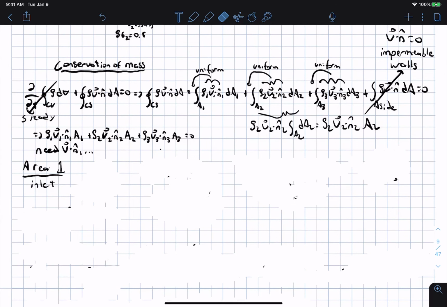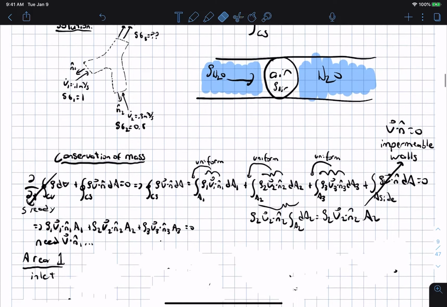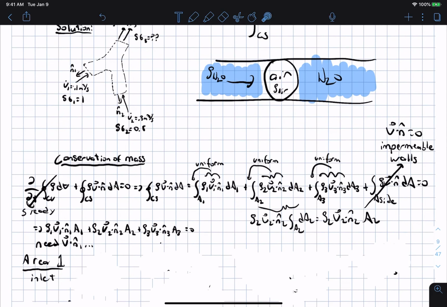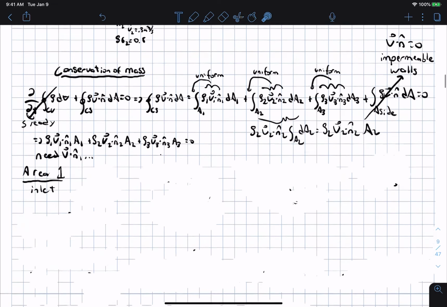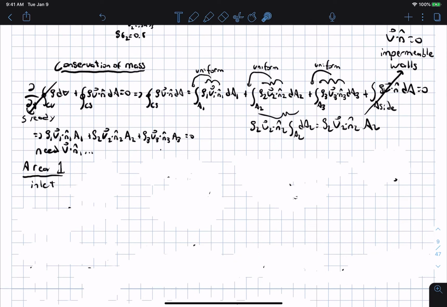As I did with the previous problem, I just walk around to all the contributing areas that have fluid moving through them, and I keep tabs of what the velocities are and what the n hats are. This part is just bookkeeping, and nothing more than that. For area 1, when it's confusing, I like to draw a little subsection.